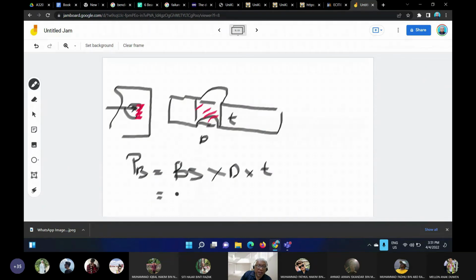Say bearing stress is 300 megapascal, 300 times 10 to the 6 Newton per meter square, times say diameter is 4 mm, thickness is 1 mm.